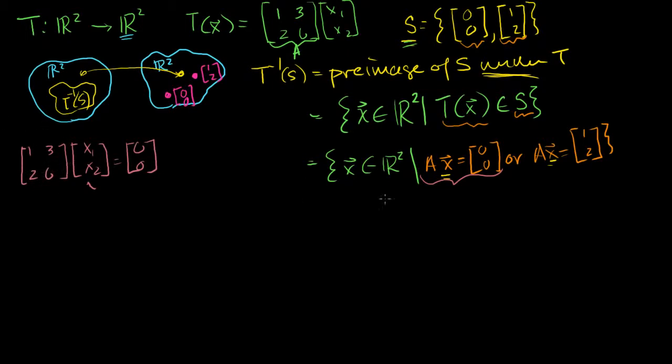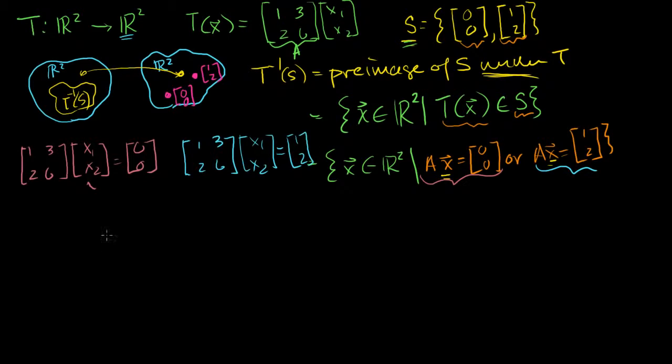Now, that's not the only one. We also have to solve this one over here. I'll do that in blue. So the preimage of S under T is going to be all of the solutions to the first equation plus all of the solutions to 1, 3, 2, 6 times x1, x2 is equal to 1, 2.